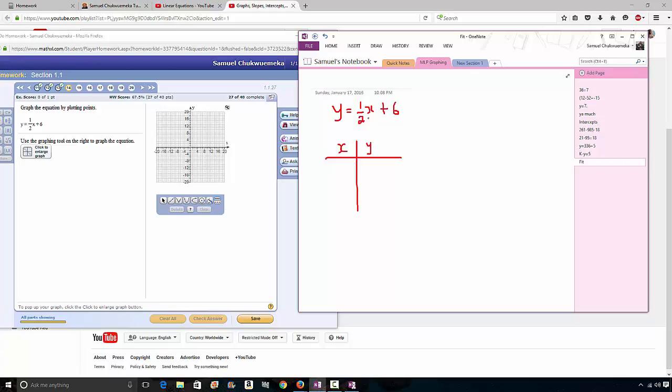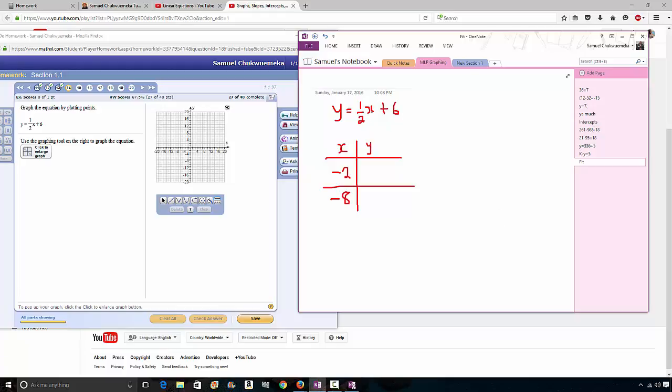So I can use 0, 2, 4, 6, 8, I can use -2, I can use -4. Some people just don't like using negatives. That's fine. For this one, let me just use -2 to show you that you can use it. And let me use -8 as well. Provided that they are within the boundaries of these, you're good.